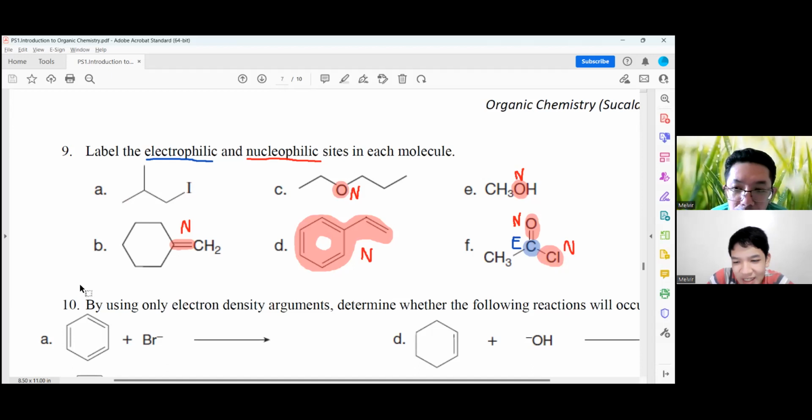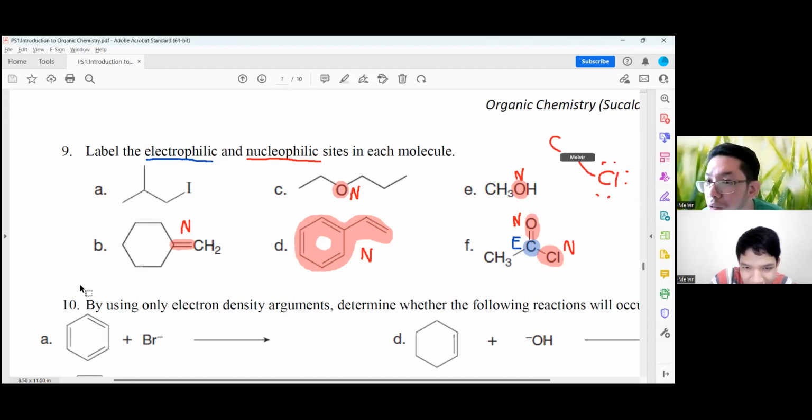Hindi po siya totally not electronegative. Kaya kunwari, tatanungin kita, Josh. Yung chlorine atom mo ba, dyan sa acyl chloride na yan, can easily donate? Can easily donate to an electrophile.